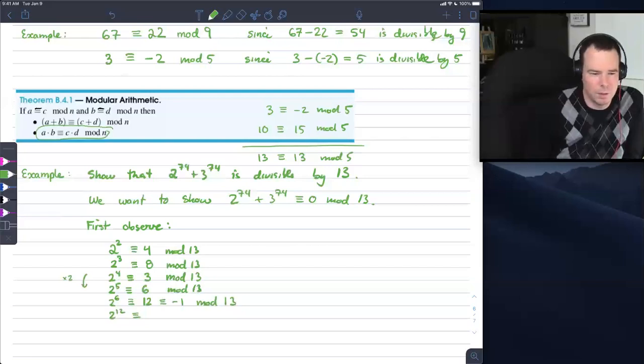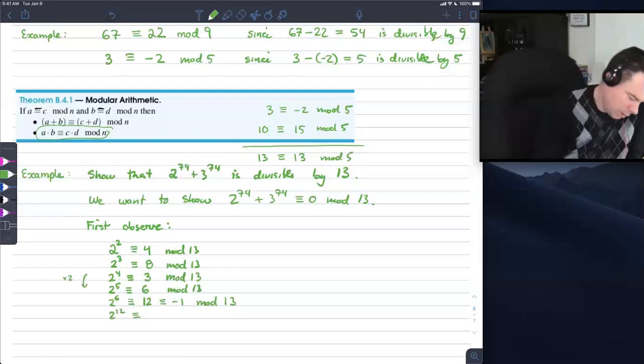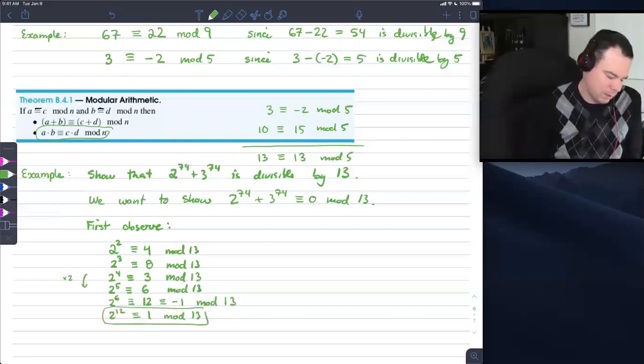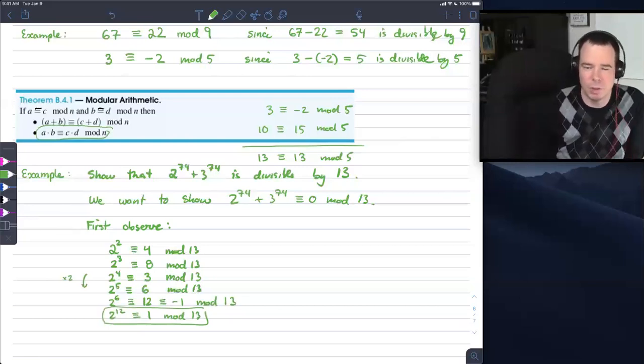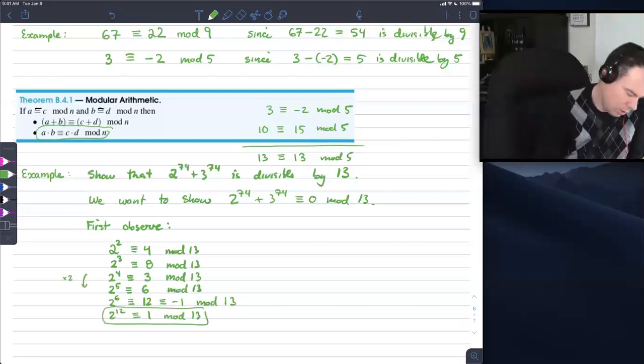What's the square of negative 1? Yes, I get 1. So I've made a very quick leap to an expression that's going to help me immensely, because whenever I have a 2 to the 12, it disappears because it becomes 1, and I'm just multiplying 1 by something else, so it never changes it.